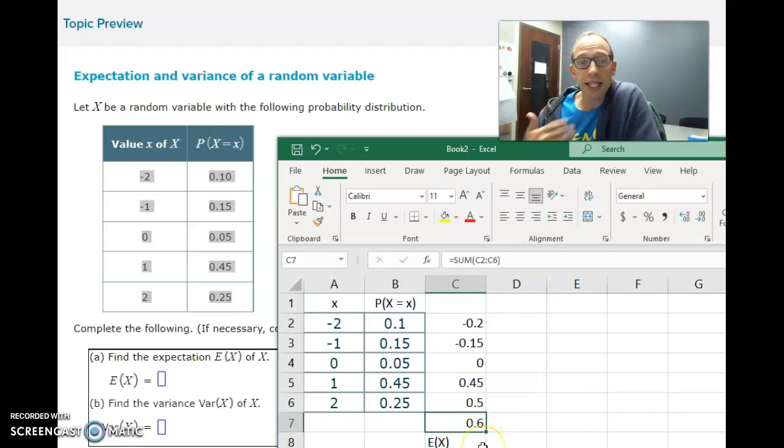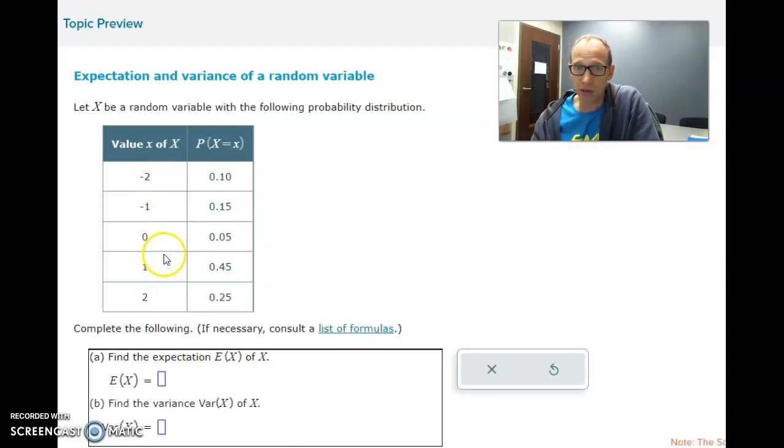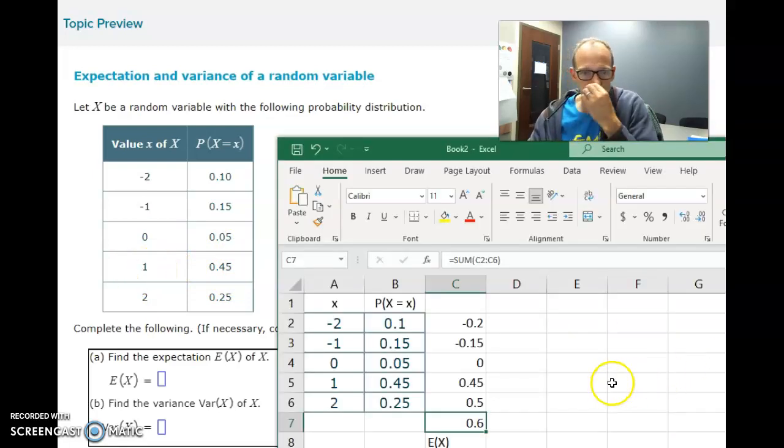In other words, that's the average x value. Now to spot check, that average should be somewhere between your minimum and maximum value. In theory, kind of close to the middle, but that depends a little bit on where it is. So this one's 0.6, a little bit towards the positive numbers here because of that really strong chance of getting a 1. That's why it ended up there.